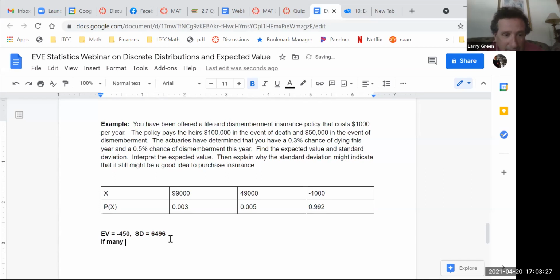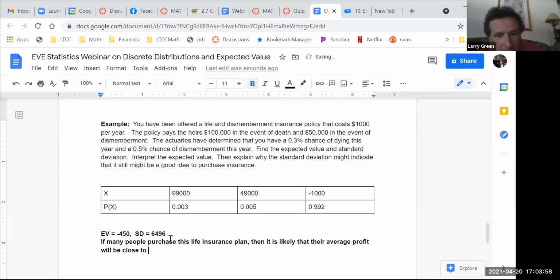If many people purchase this life insurance plan, then it is likely that their average profit will be close to... and that was negative.